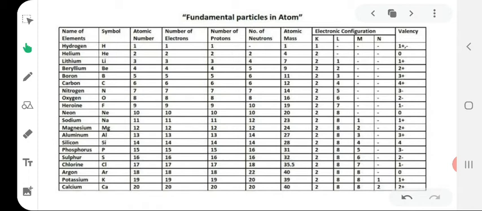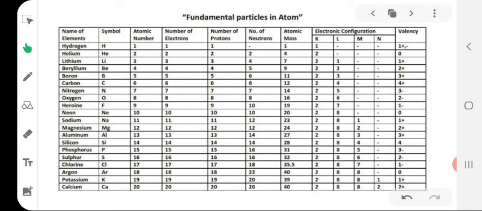Elements with either 2 or 8 valence electrons have 0 valency. This means that their atoms neither lose nor gain electrons and are very little chemically active. These are known as noble gas elements.